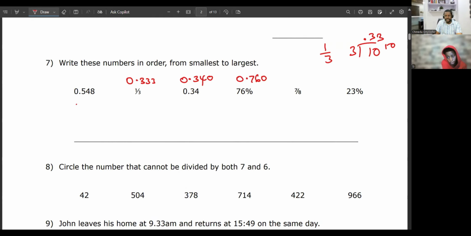Next, you have to write 7/8 as a decimal. I don't know what the number is going to be. I think 0 point something.